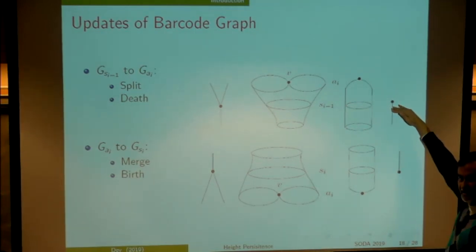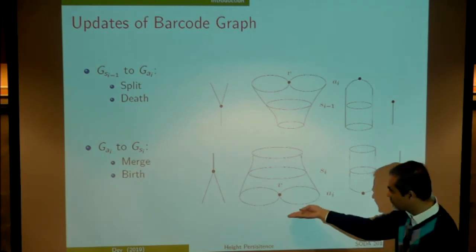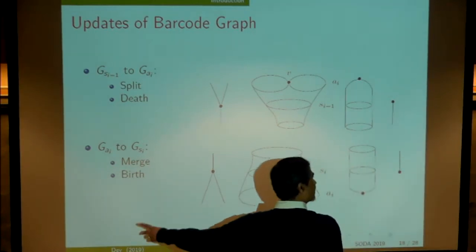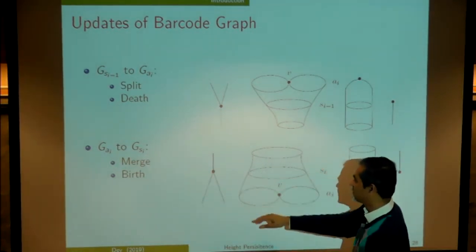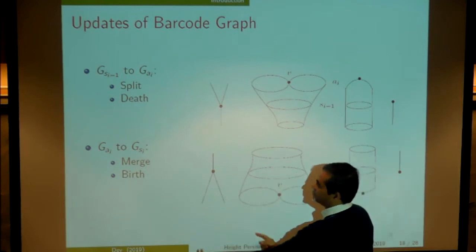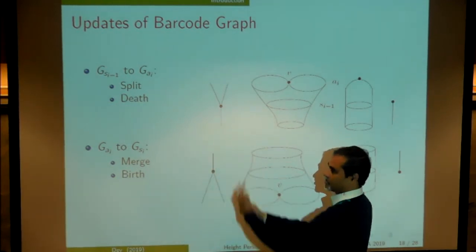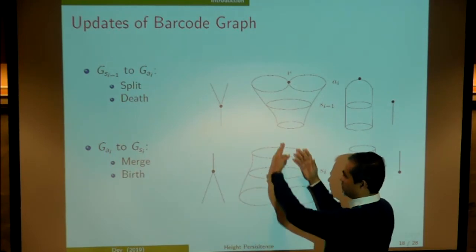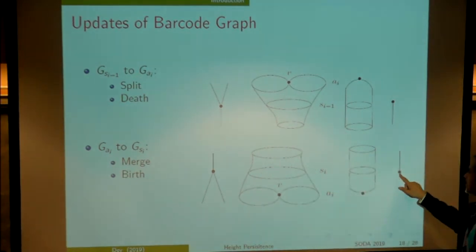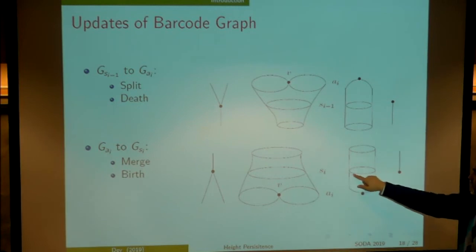Same thing for this one, going from a vertex to an intermediate, then you have the merge case. Two things merge and you get one, like these two cycles get merged into one, or it gets created. Again, I create it at the intermediate level.